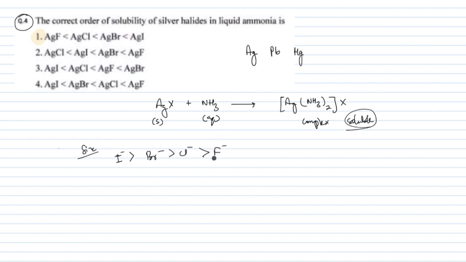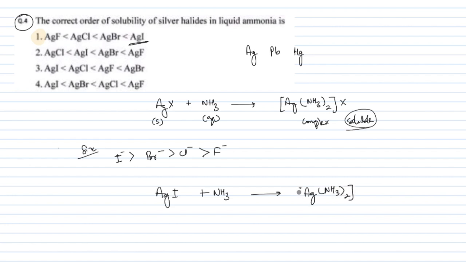It's pretty simple. Since the silver halide bond is actually breaking, if I have silver iodide and I treat it with NH3, it is much easier to form the silver ammonia complex.